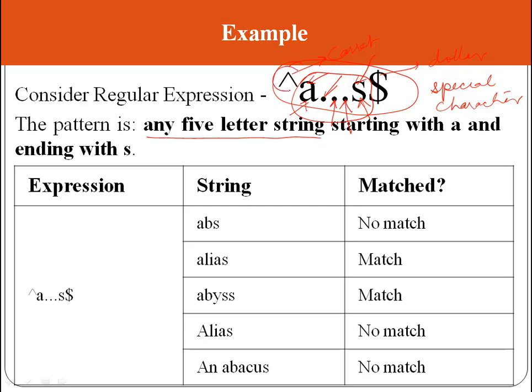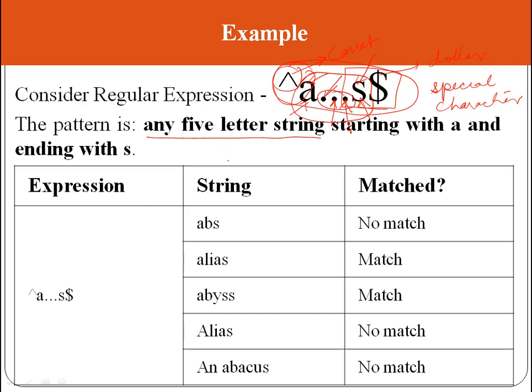When you put the caret symbol in front of this A, it means you have put a restriction on the search pattern, that you should find only those strings that are starting with A. And if you have put the dollar sign along with some character, it means it must end with S. And the three dots mean any character can come in between, so dot means any character. So a total of five characters in the string.